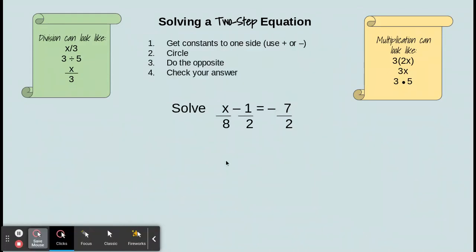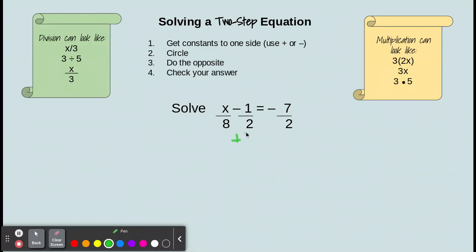Okay, one more example. In this example here, we have some fractions, and we are subtracting a fraction on the side with the variable. So we want to move that over to the other side. And to move it to the other side of the equal sign, we need to do the opposite. And the opposite of subtraction is addition.